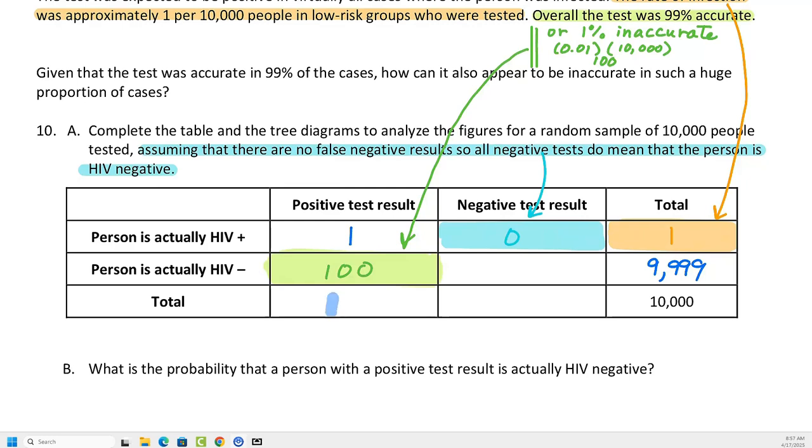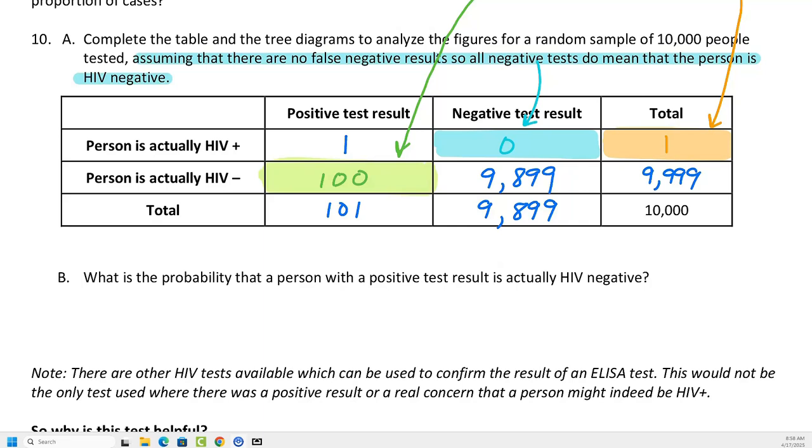So I know this is going to be 101 when you add going down. I know that if I add going across here, this cell will be 9,899, which means this has to be 9,899.